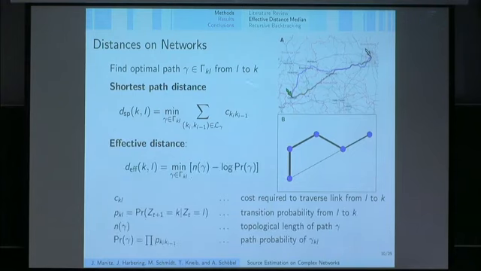You just have a more complex way of defining the costs, which combine the topological distance in terms of the number of segments you have to pass with some type of path probability. So this is just the product of the transition probabilities going from one node to the other.